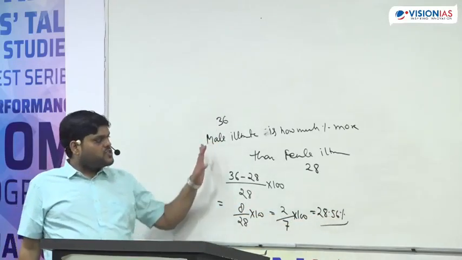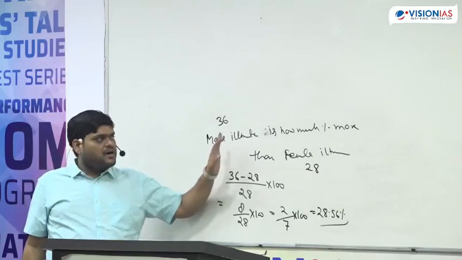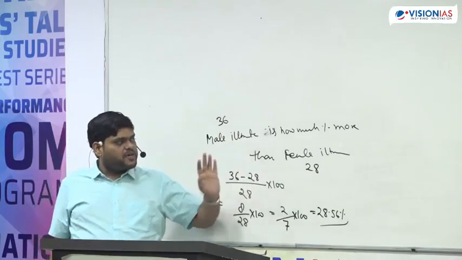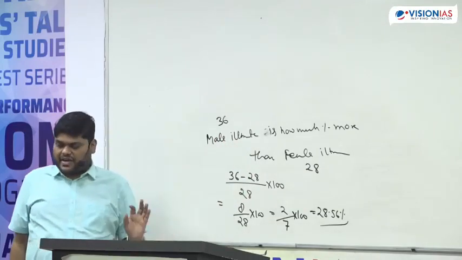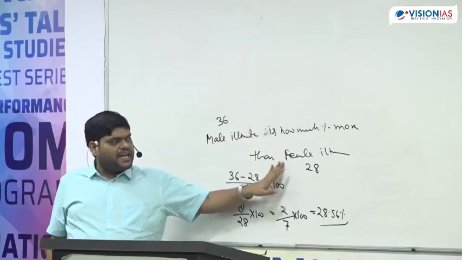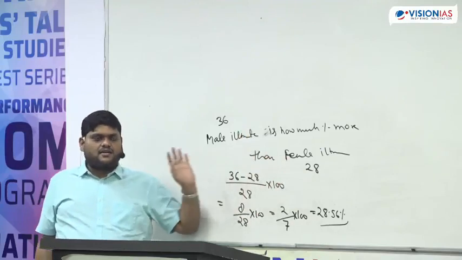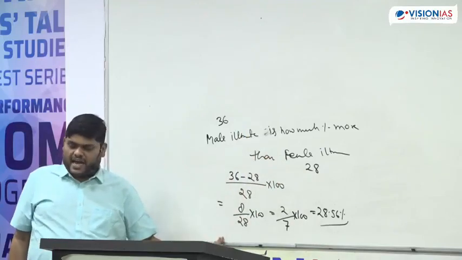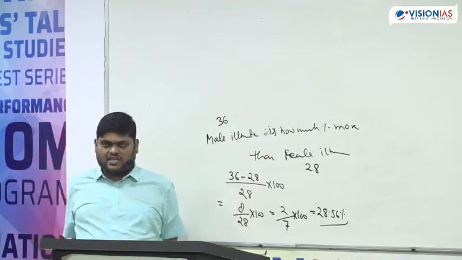The question was male illiterate is how much percent more than female illiterate. Male illiterate was 36, female illiterate was 28, and simply we can apply this and find out the answer.